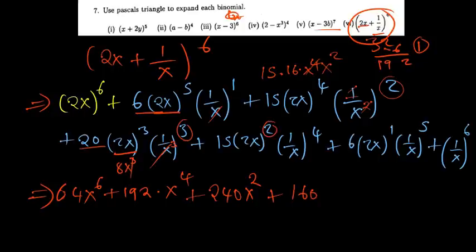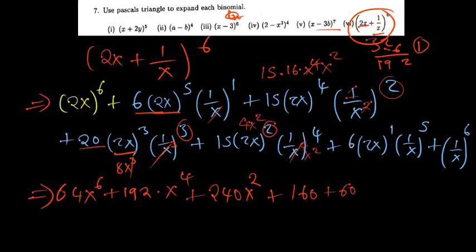So 2 to the power 2, that's going to be 4x squared. So 15 times 4, that's 60. Now x squared on top, x to the power 4 on the bottom. So on the bottom we remain with x squared.